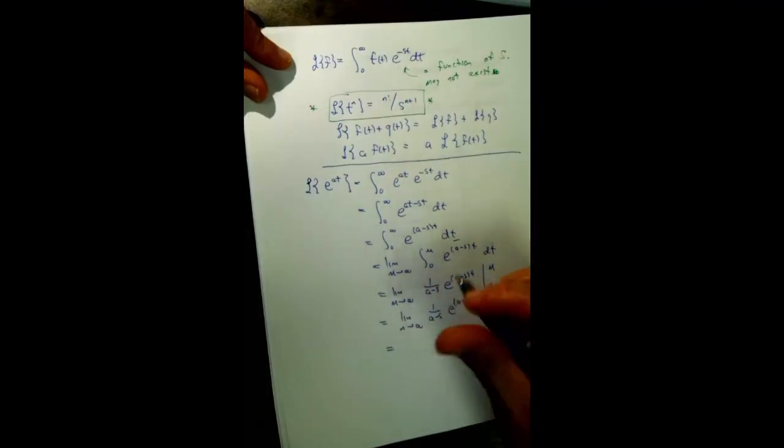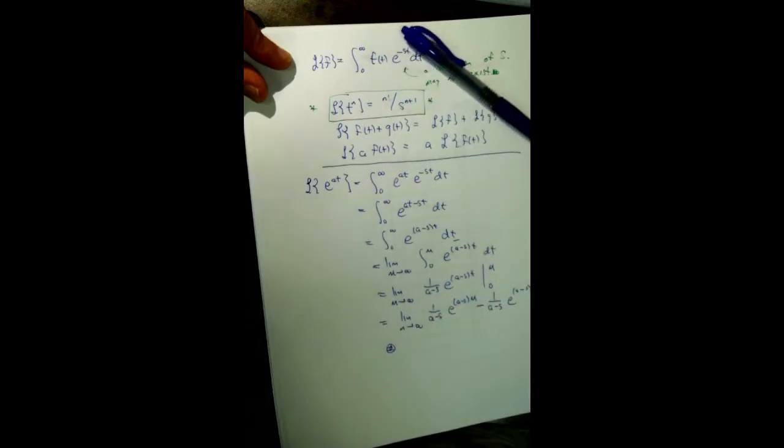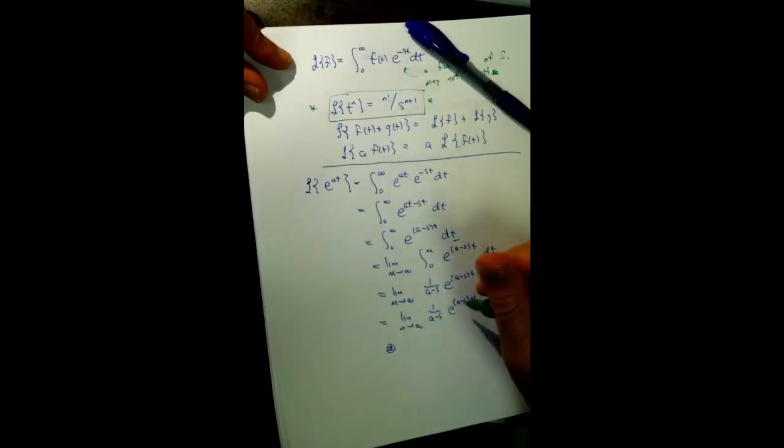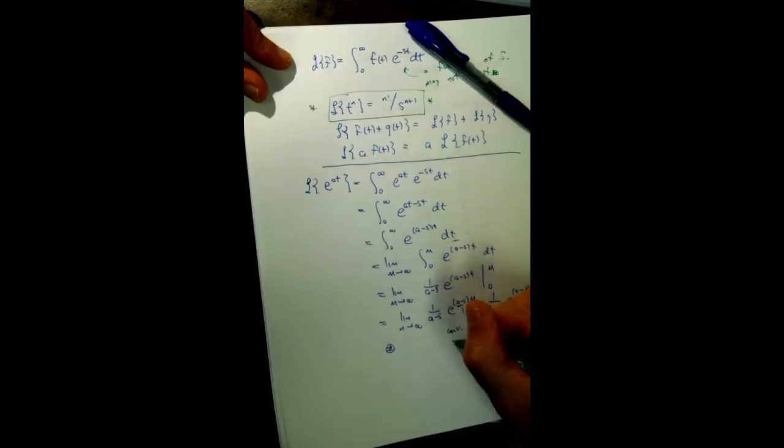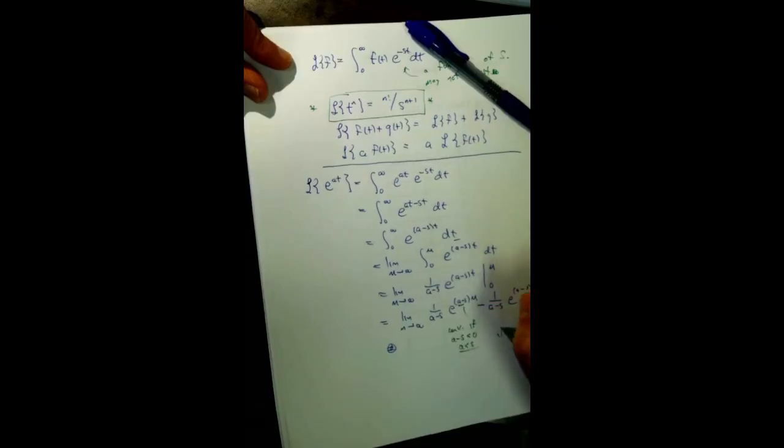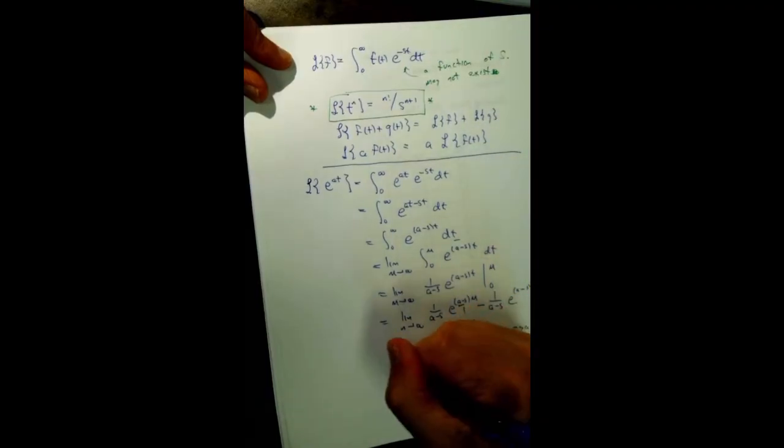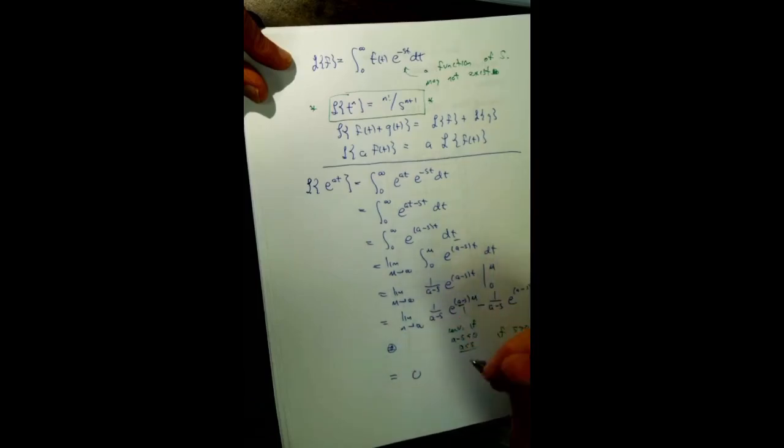So let's see. I got to be very careful here now. This is only going to converge only if a minus s is negative, which means that s has to be bigger than a. Okay, so if s is bigger than a, then this term goes to 0.